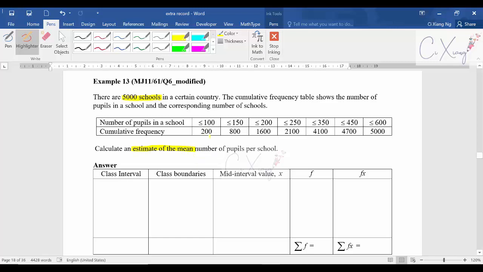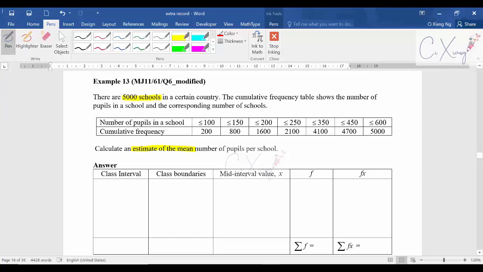So first of all, from this cumulative frequency table, of course, you need to get the class interval first. For this example, they only mention something from something to smaller than or equal to 100, and then another value from to smaller than or equal to 150, and so on. So for this example, I will use the values that they provide here.